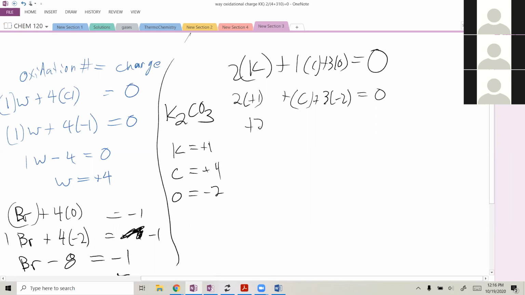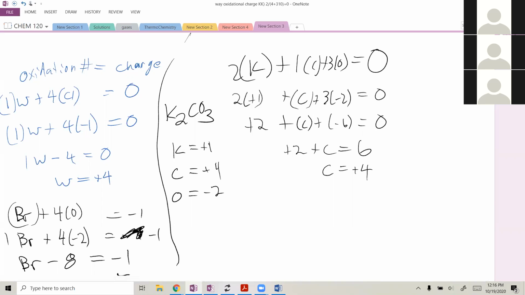So this becomes a +2 plus whatever carbon's is, -6 equals 0. So that becomes +2 plus carbon is equal to 6. Carbon is equal to +4. And so that's how we can find it all together.